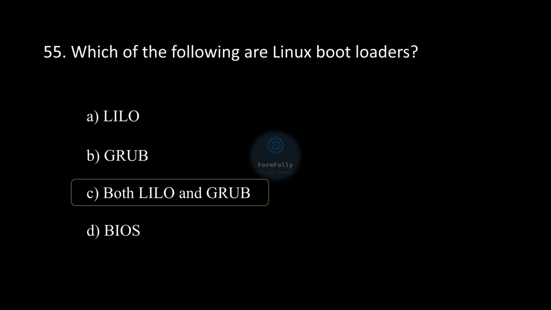Both are bootloaders responsible for loading the Linux kernel and starting the operating system. BIOS is not a bootloader but firmware responsible for hardware initialization during the boot process. In short, it provides low-level hardware initialization during the boot process.